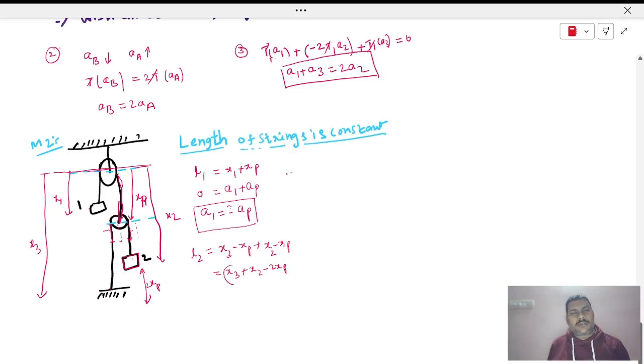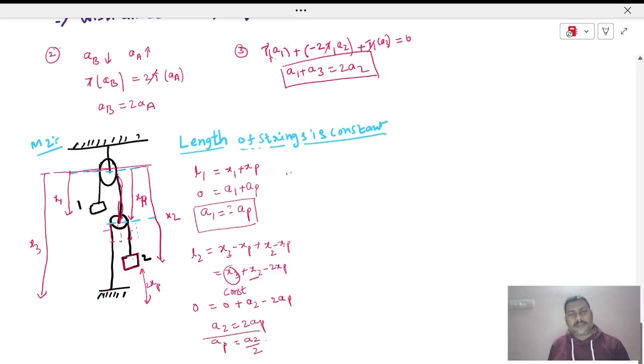Here x3 is also a constant because it is fixed. Therefore L2 is constant. 0 is equal to 0 plus a2 minus 2ap. Therefore a2 is equal to 2ap. Then the acceleration of the pulley is equal to a2 by 2.